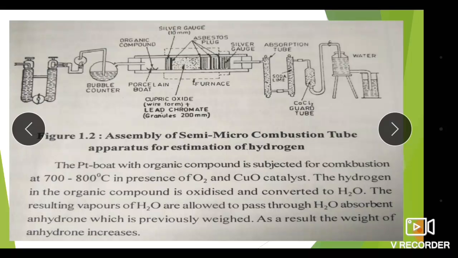carbon. So the platinum boat with the organic compound is subjected to combustion at about 700 to 800 degrees Celsius in the presence of O2 and copper oxide catalyst. The hydrogen in the organic compound is oxidized and converted to H2O.